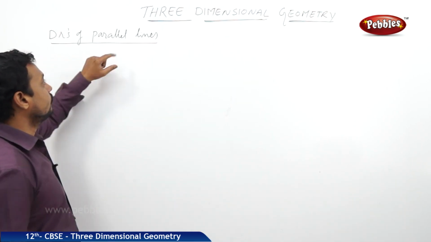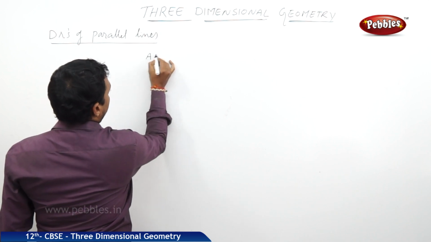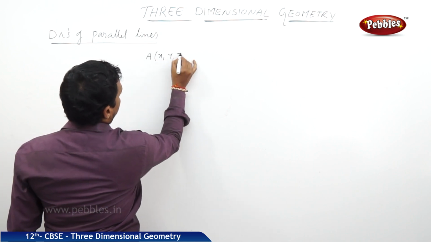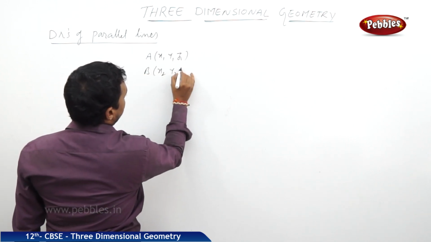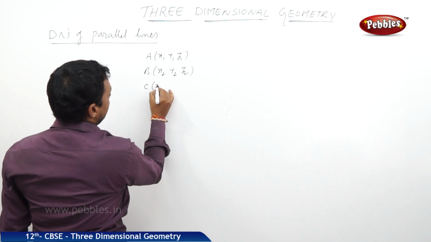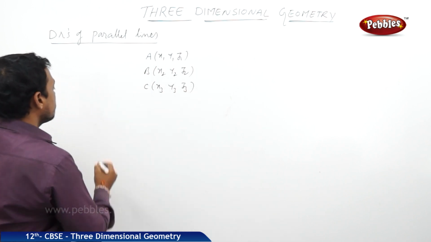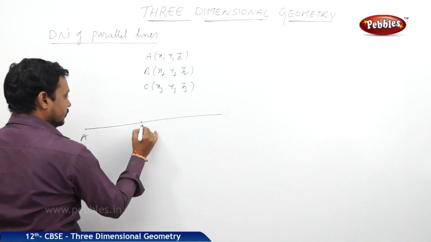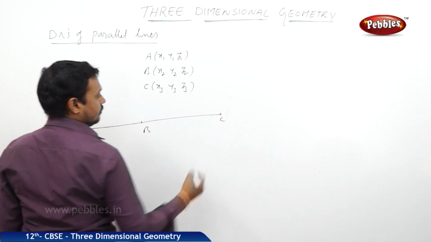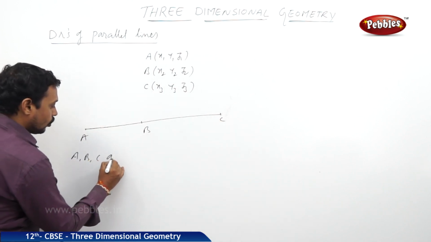Now the DRs of parallel lines. Let us take 3 points A (x1, y1, z1), B (x2, y2, z2), C (x3, y3, z3). Suppose the 3 points are collinear, lying on the same line. A, B, C are collinear.